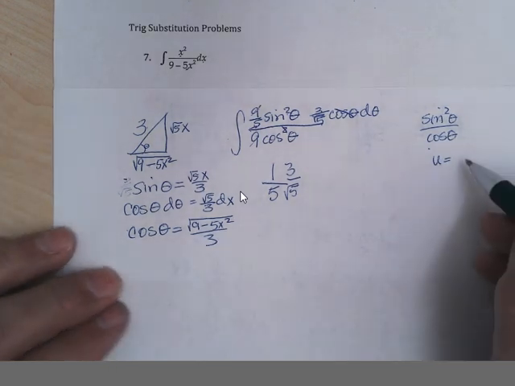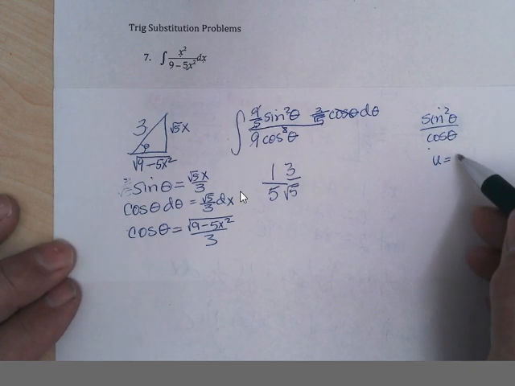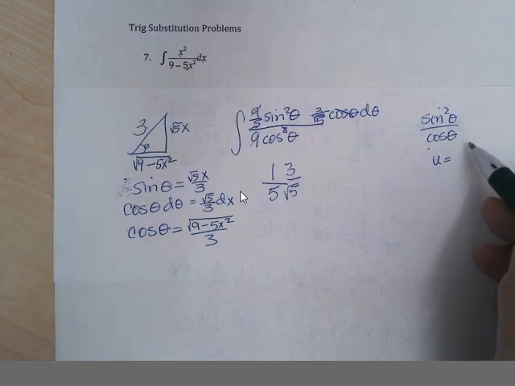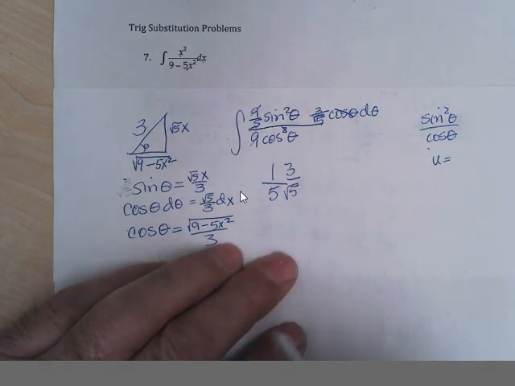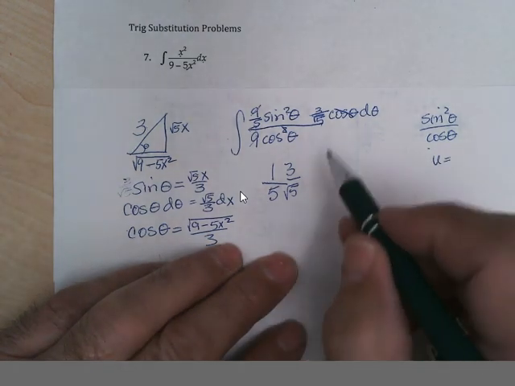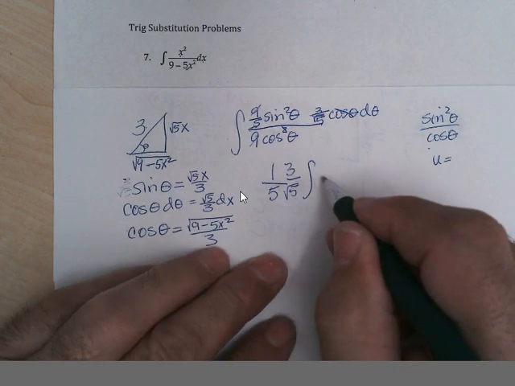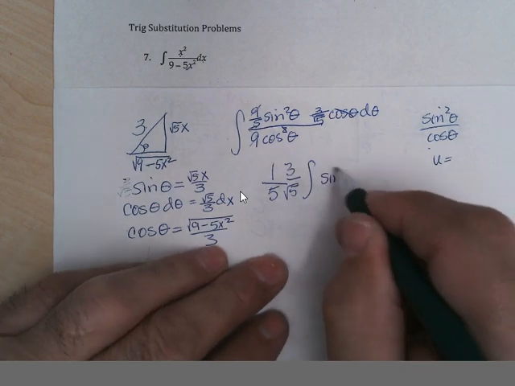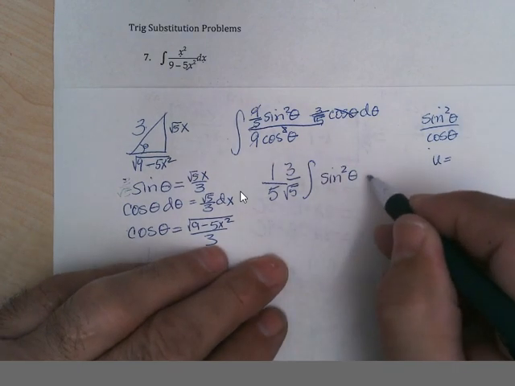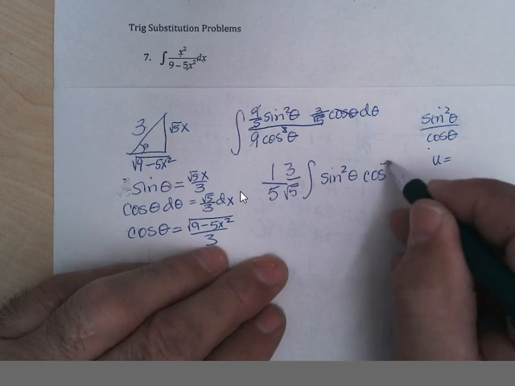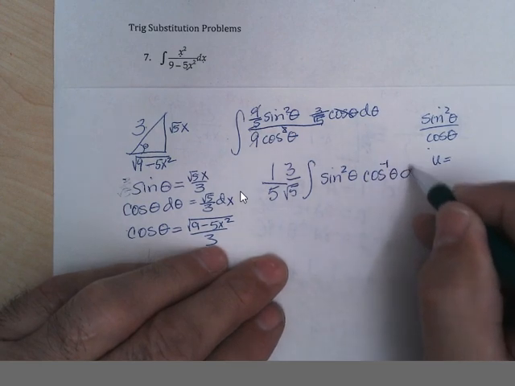Okay, I think I'll do this. I'm going to use a reduction formula. Integral, I'm going to call this sine squared theta cosine to the minus 1 theta d theta.